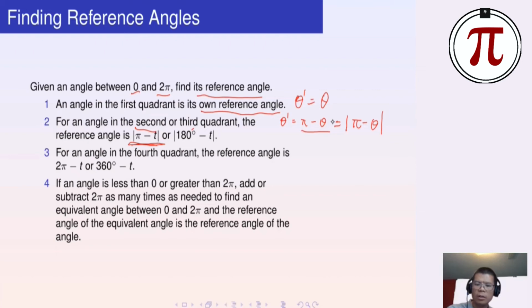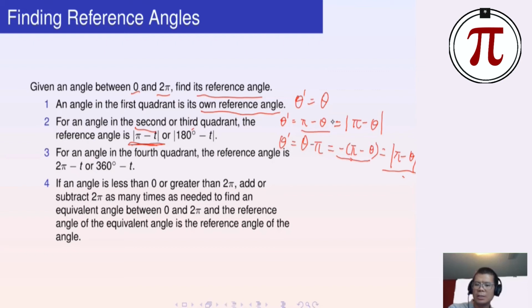Now, if it is in the third quadrant, then it equals theta minus pi, which is negative pi minus theta, which equals the absolute value of pi minus theta, because pi minus theta became negative, and the absolute value of a negative value is positive.